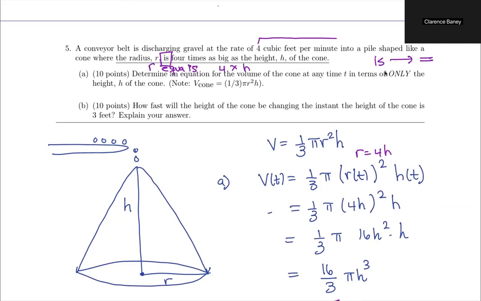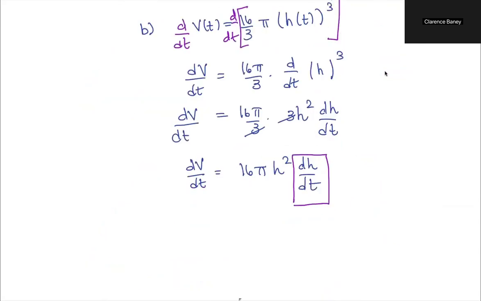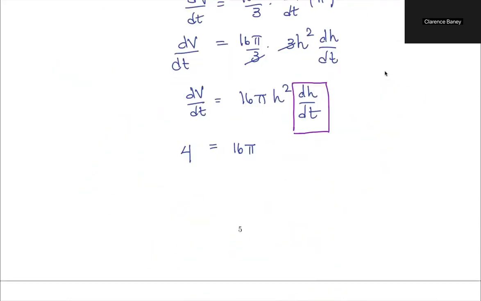This is a change in the volume. When you have cubic feet per minute, the per minute means that it's changing. And it's increasing, so it's not going to be negative. So this would be 4 over here. And we're finding this the moment that the height of the cone is 3 feet, so we want the instant that h equals 3.